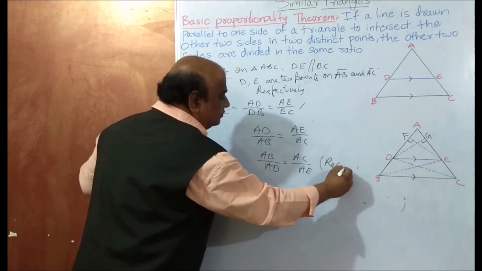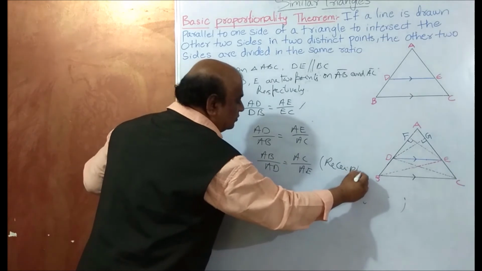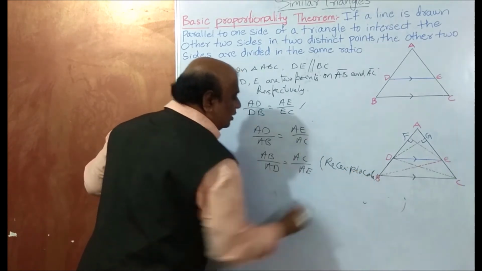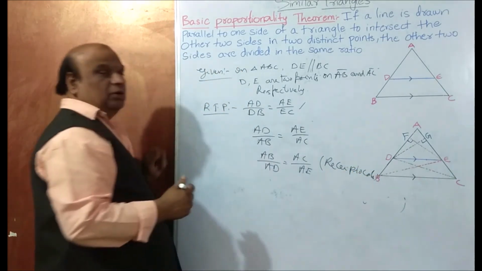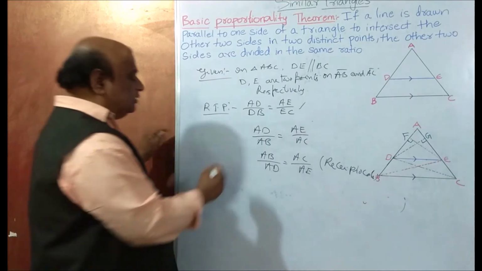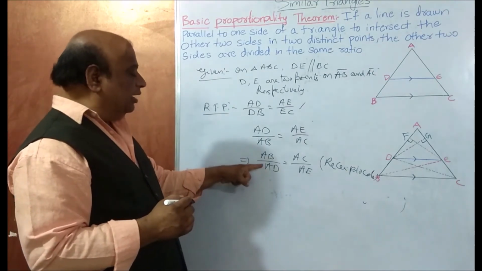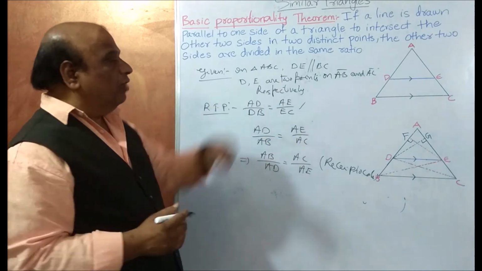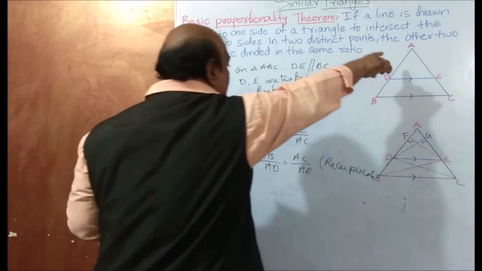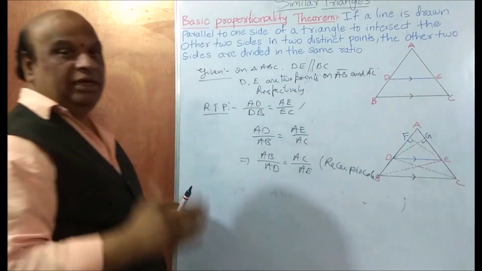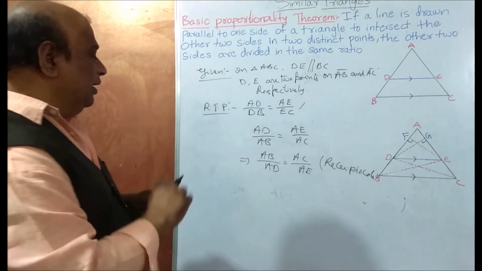After taking reciprocals, AB by AD: what is AB actually? AB is two parts, AD plus DB.